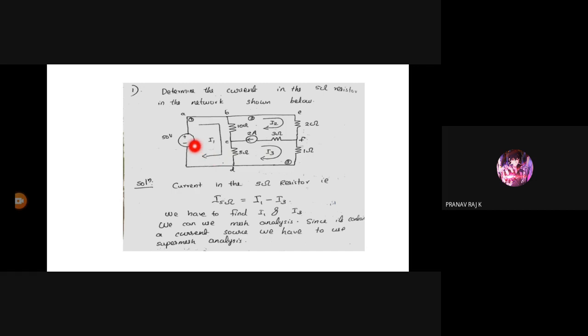You know that in the case of mesh analysis, whenever the number of voltage sources is high, we can easily apply mesh analysis. But here you can see that there is a current source, 2 ampere.